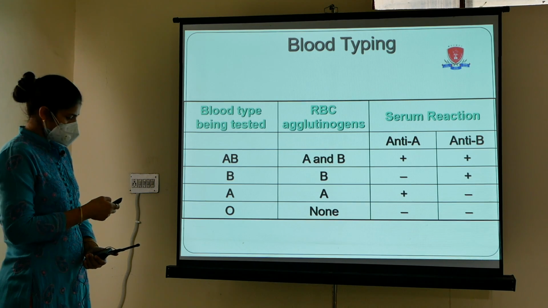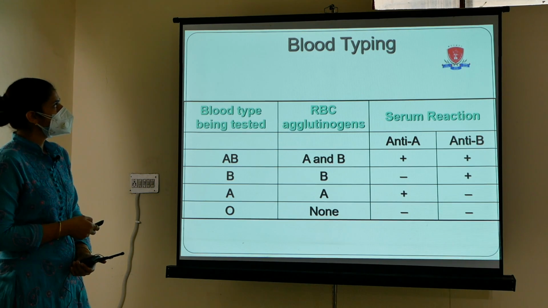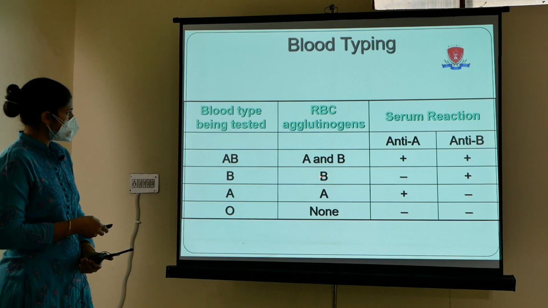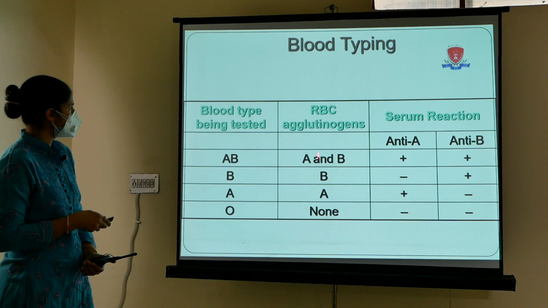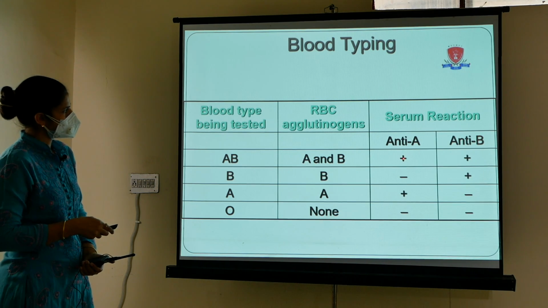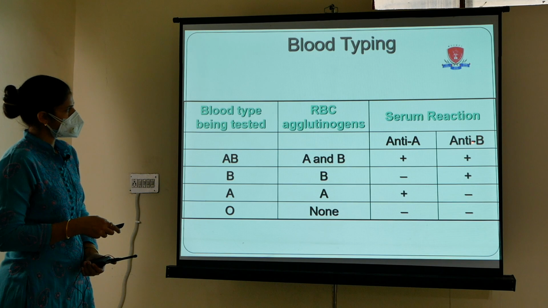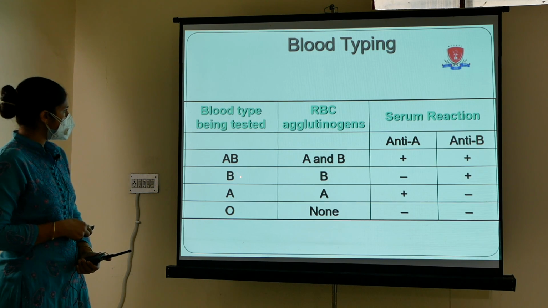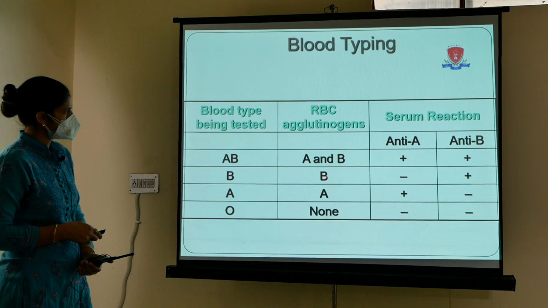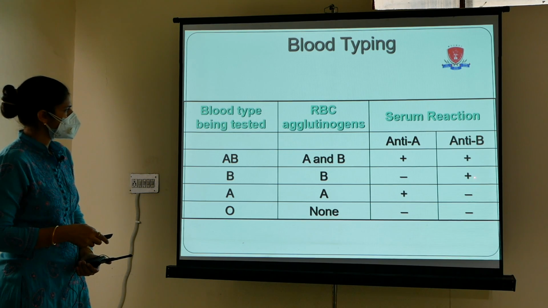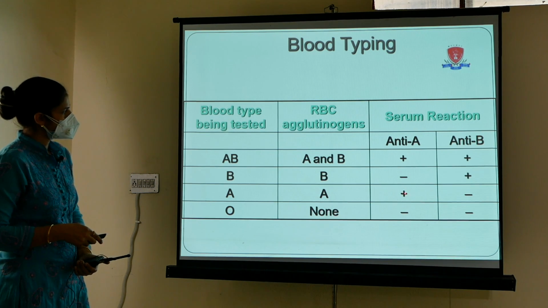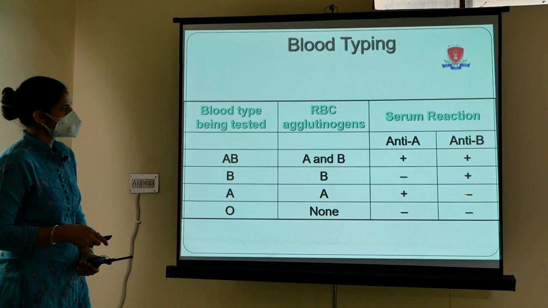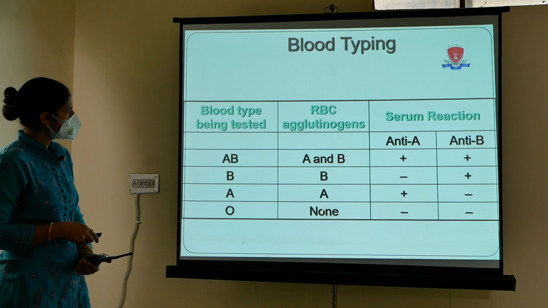So in blood typing, we can do the blood typing by the presence of antigen A and antigen B. If antigen A and antigen B are present on the cell membrane of the RBC, the blood group will be AB, and it will react with anti-sera A as well as anti-sera B. Blood group B contains antigen B on the cell membrane of the RBC, and it will not react with anti-sera A. It will show agglutination with anti-sera B. Like that, in blood group A, antigen A is present and it will react with anti-sera A. It will not show agglutination with anti-sera B. In blood group O, no antigen is present.